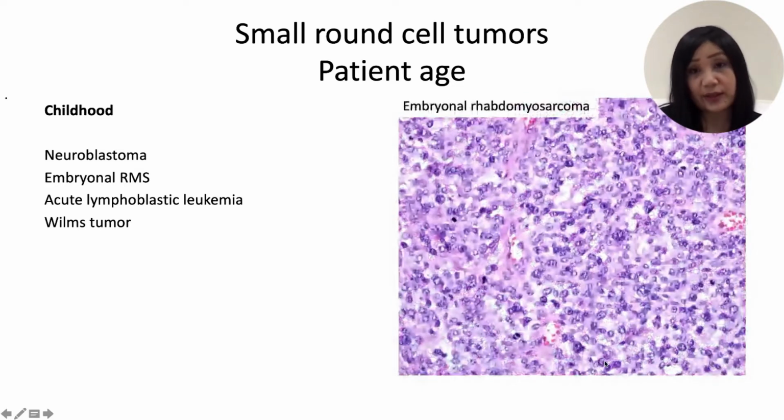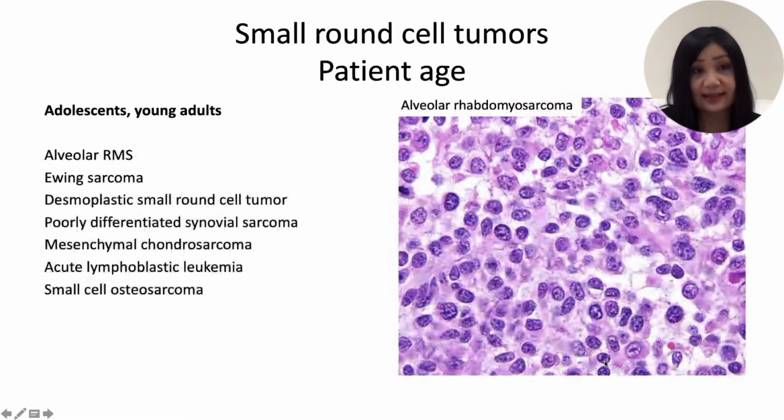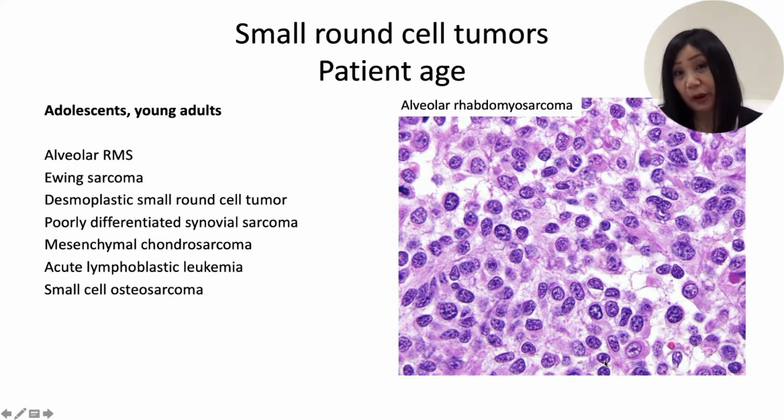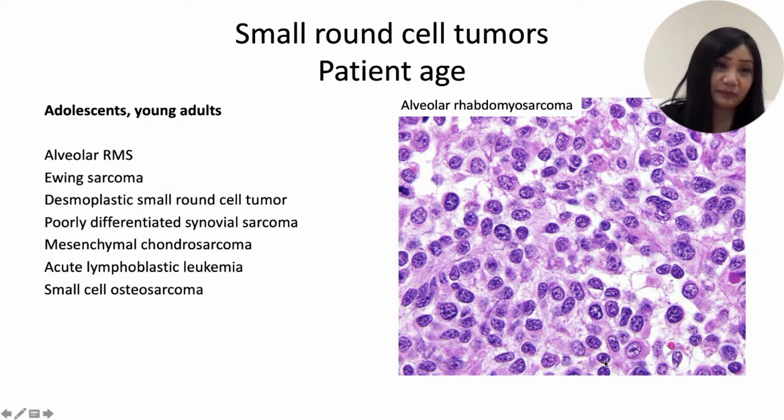When we move on to a slightly older age group, adolescents and young adults, we need to start considering alveolar rhabdo, Ewing sarcoma, desmoplastic small round cell tumour, poorly differentiated synovial sarcoma, still ALL, and also mesenchymal chondrosarcoma, small cell osteosarcoma, and the Ewing-like undifferentiated round cell sarcomas, including CIC and BCOR associated tumours.